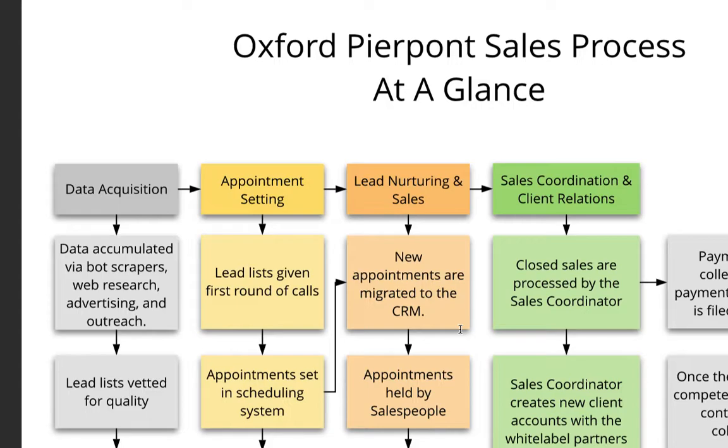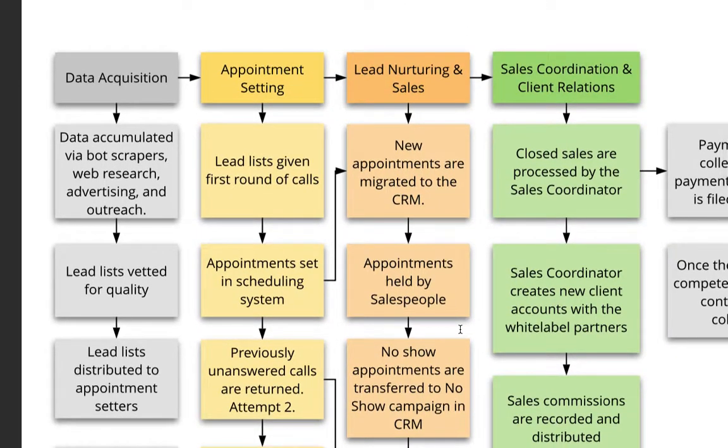And what that means is they're sent to a special campaign that will send them a text message to remind them of the call, send them special emails, and anything else that they might need to really prepare the client for the call. Finally, when it's time for the call, the salespeople will actually go and make those sales calls.